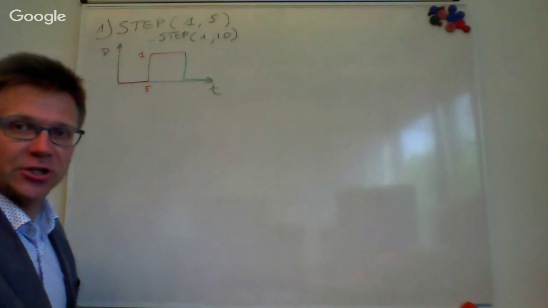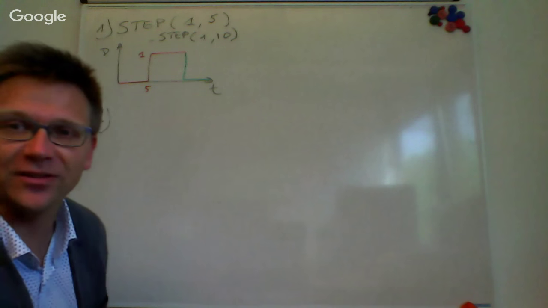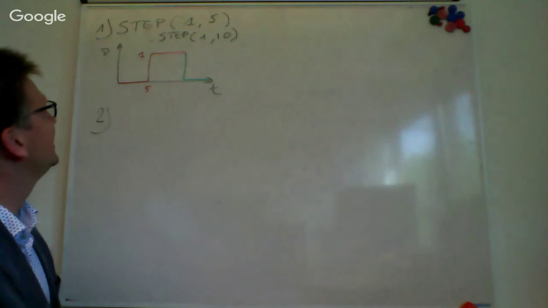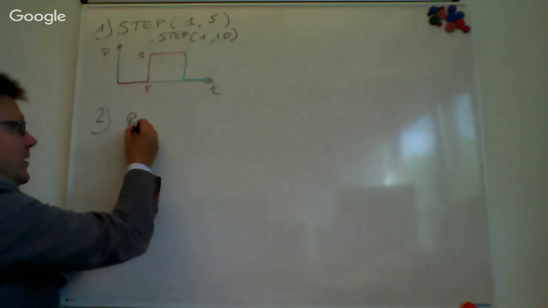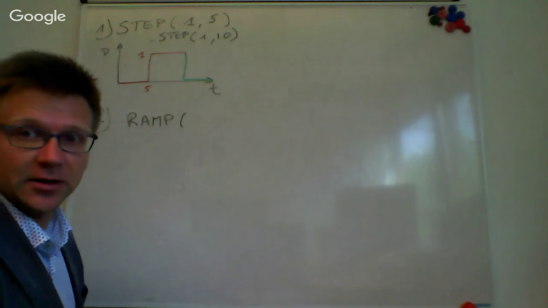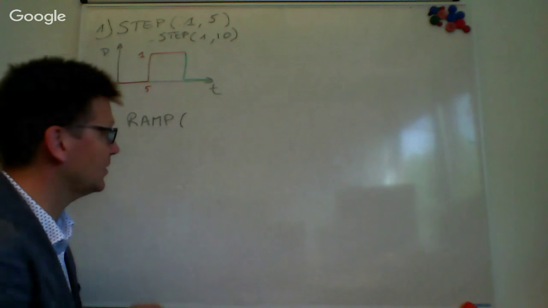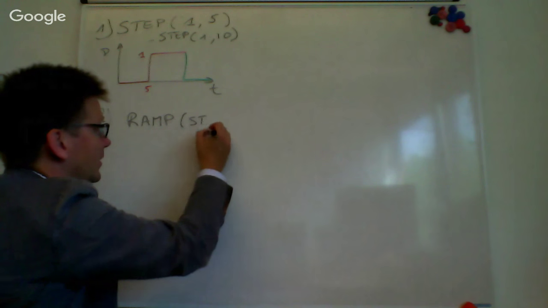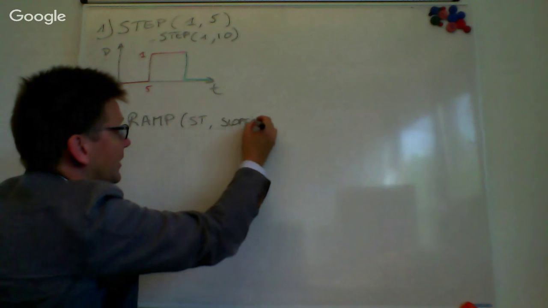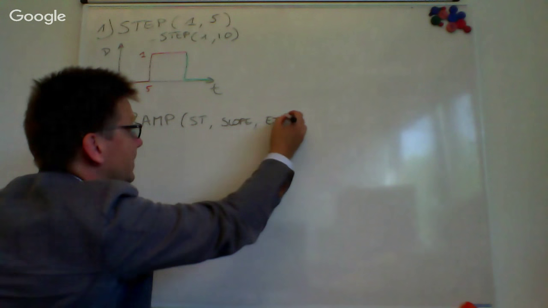The second function, which is a little more continuous now, at least not as discrete as the step function, is the ramp function. And the ramp function has a particular moment in time at which it starts, the start time. It has a particular slope, and it uses yet another argument, which is the end time.